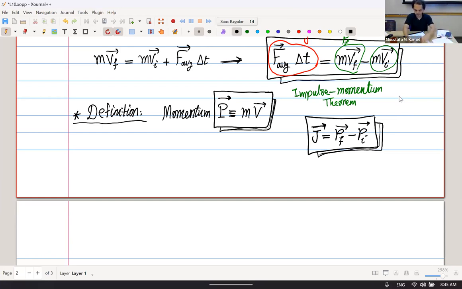This is the impulse momentum theorem. So let's take an example on how that is applied.